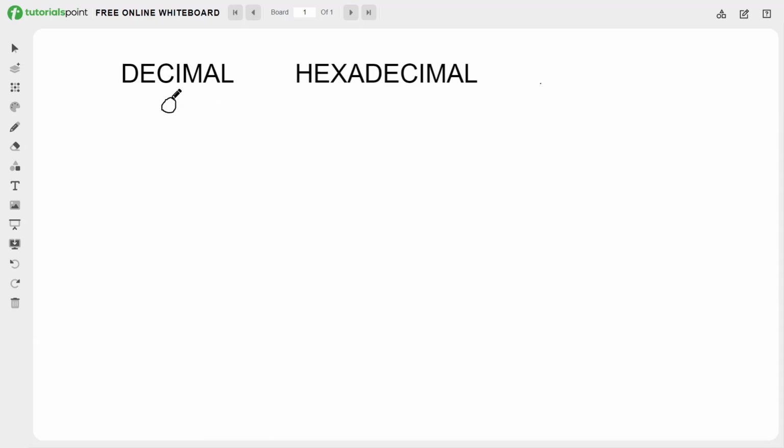Decimal 0 is equivalent to hexadecimal 0. 1 is equivalent to hexadecimal 1. 2 is equivalent to hexadecimal 2, until we reach number 10, which is equivalent to A and not 10.